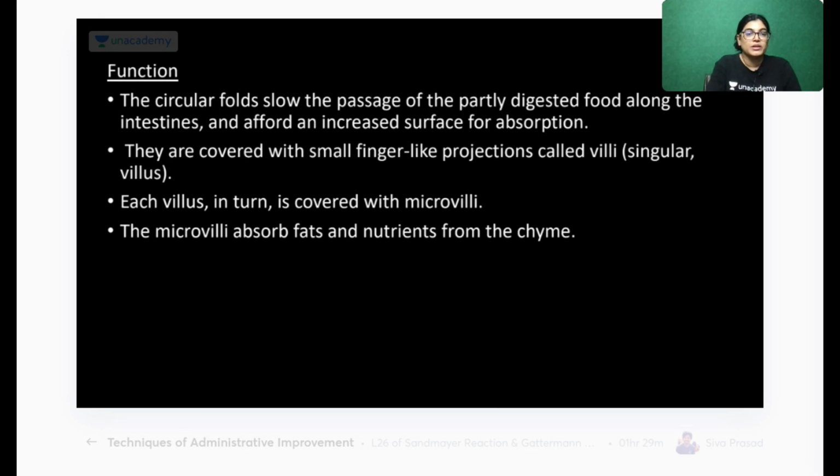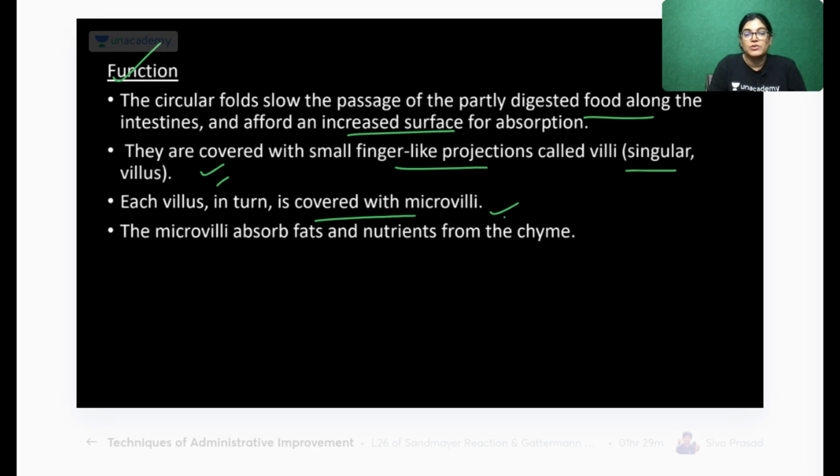Before that, function. The circular fold seen in the jejunum slows down the passage of digested food. This circular mucosal fold slows down the digestion, so enough time is there for nutrient absorption. They are covered by finger-like projections, villi, which increase the absorption.